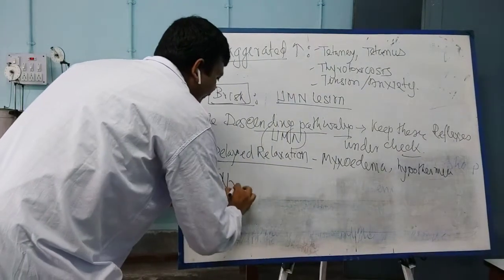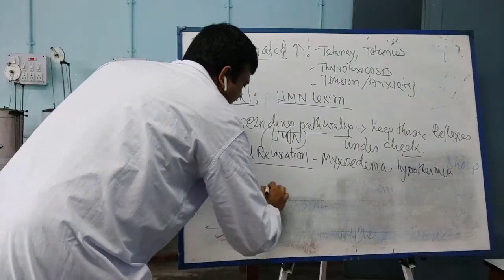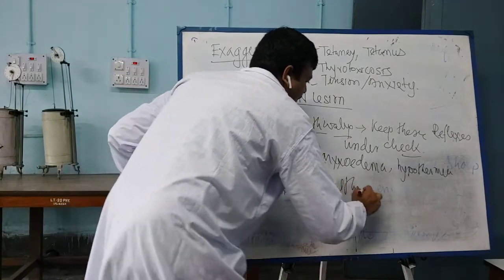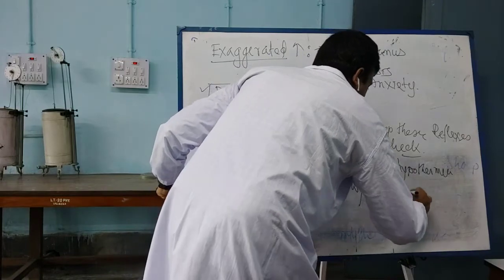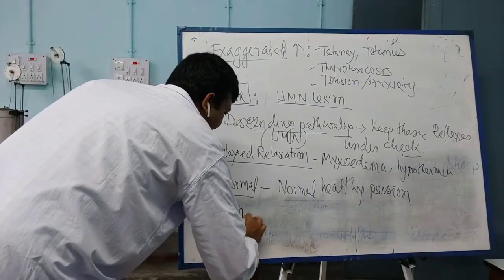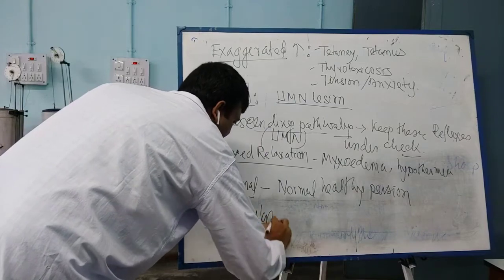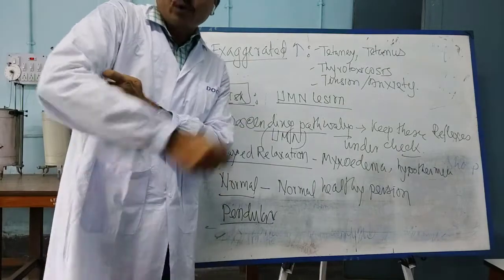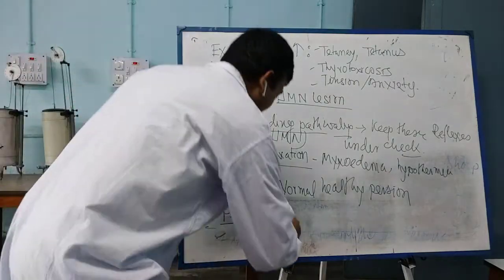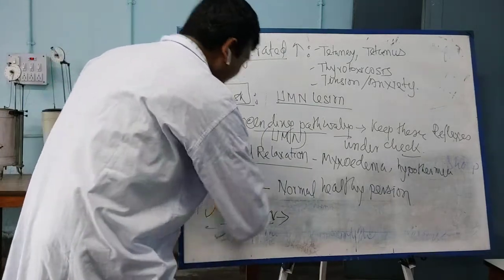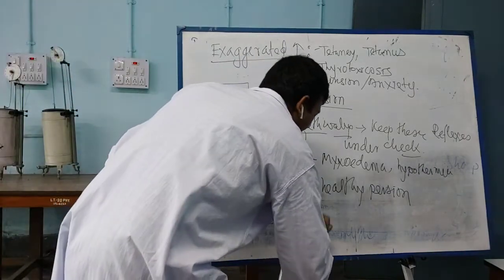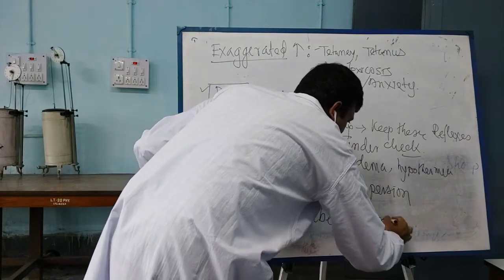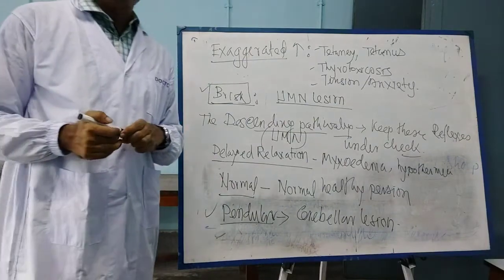Reflex may be normal in a normal healthy person, and reflex may be pendular, like pendular movement, more than three to-and-fro movements in a diminishing pattern. In case of knee jerk, pendular reflex is seen in case of cerebellar lesion. These different types of response can occur.